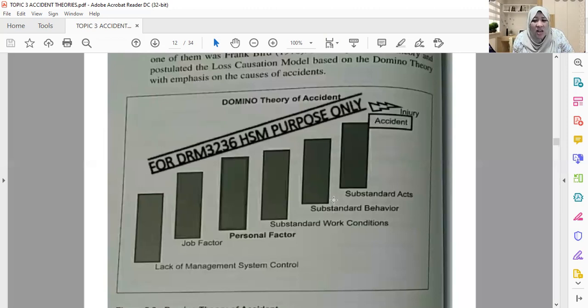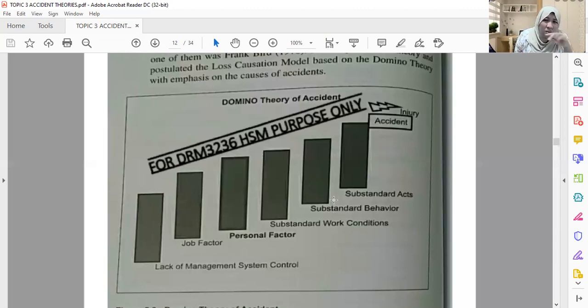Okay, and then we have substandard behavior. This is the most prominent factor lah. Okay, why I say so? Because this is done by research by Heinrich. Heinrich says there are two main factors, the most prevailing factors that contributed to the accidents.